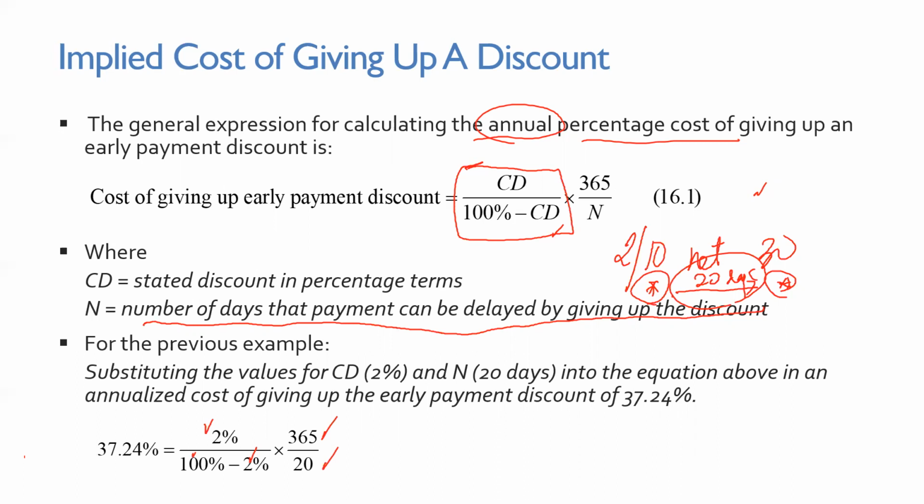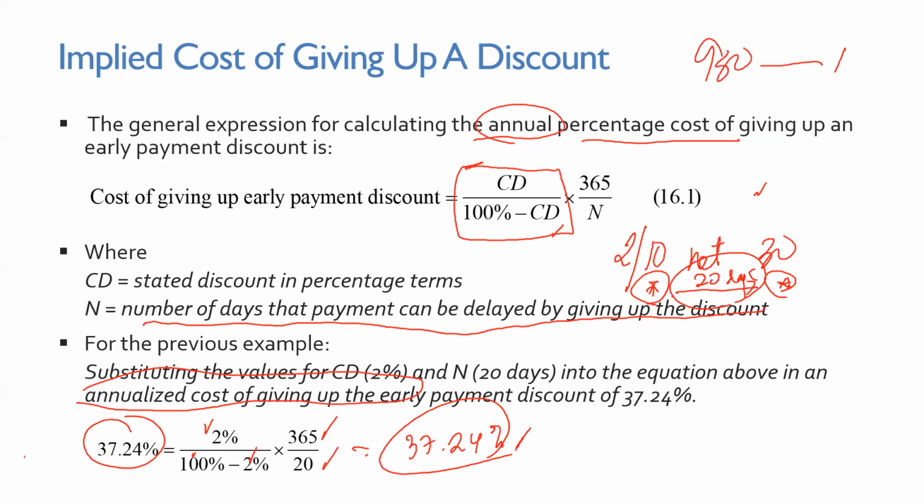Now, when you determine the annualized cost of giving up the discount, it is 37.24%. So yung 2% na loan that is 20 days ang tenor is equivalent to an annual loan with a cost of 37.24%. So it's expensive, right? It's a very expensive loan. No? And so therefore, baka bayaran mo na lang yung 980 rather than pay 1,000.